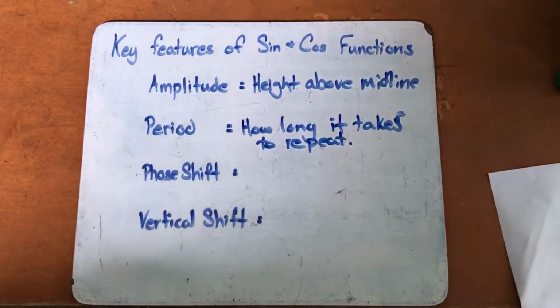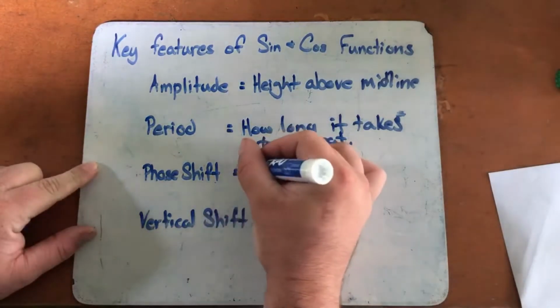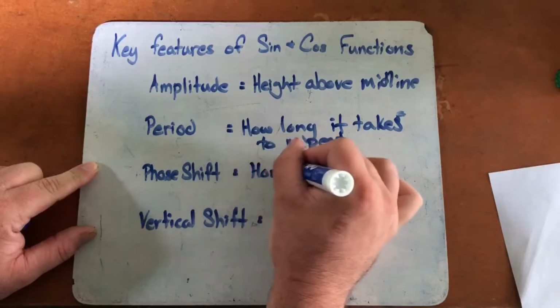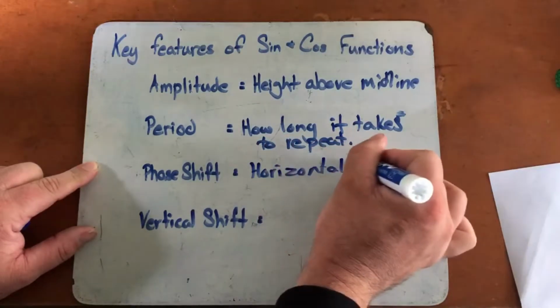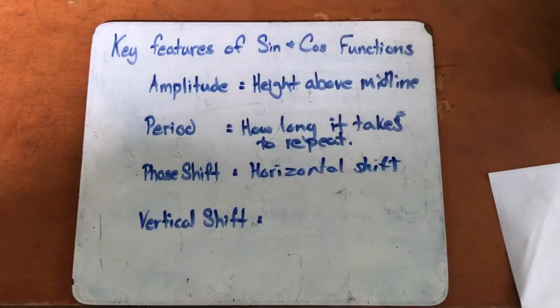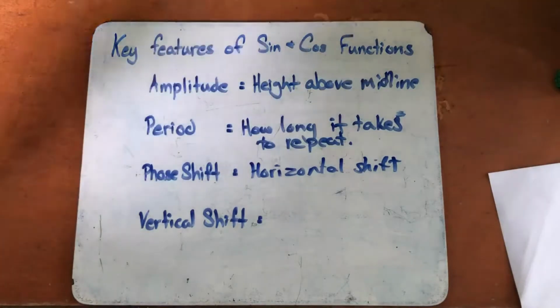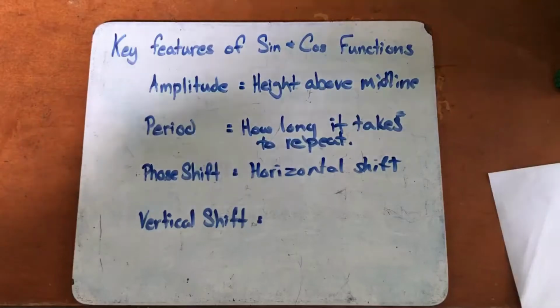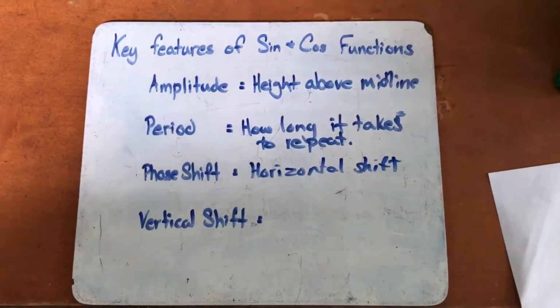Phase shift is just a fancy name for my horizontal shift. The phase shift and horizontal shift are basically the same thing. Phase shift is usually based on a measurement. So if it's radians, the phase shift might be pi radians. If it's degrees, it might be 60 degrees.